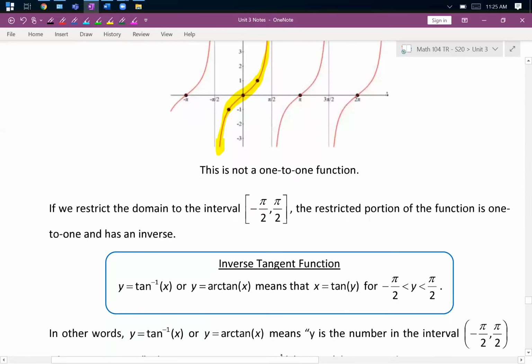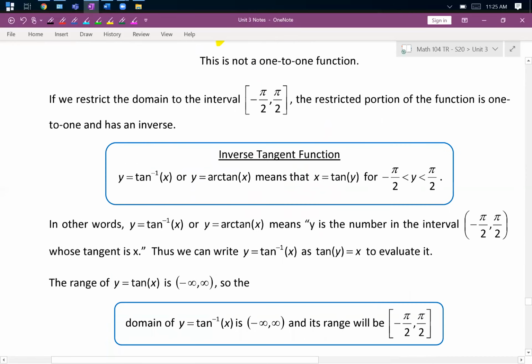y equals tan inverse, or y equals arctan, means that x equals tangent of y for y between negative pi over 2 and pi over 2. So just like before, we're looking for the angle between negative pi over 2 and pi over 2 such that tangent has whatever that number is.